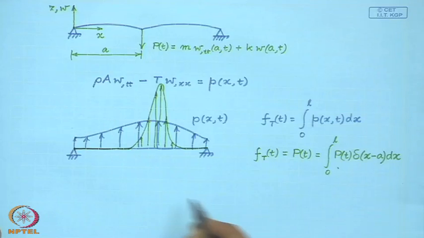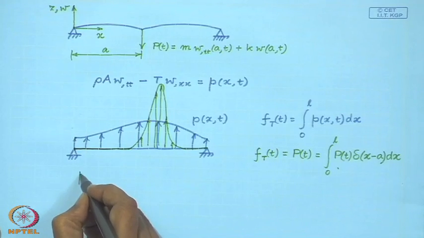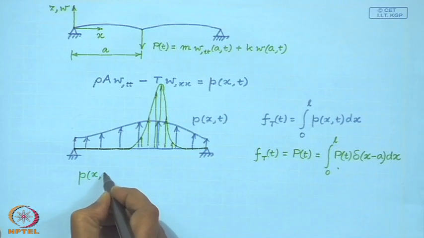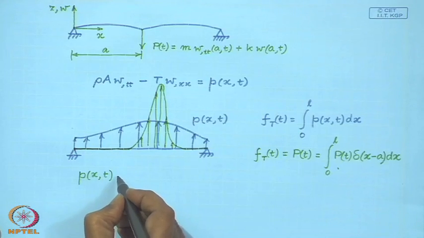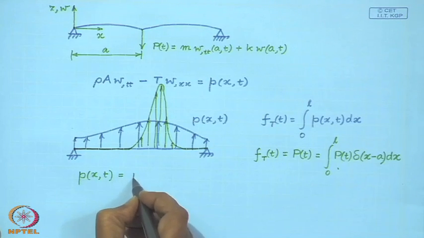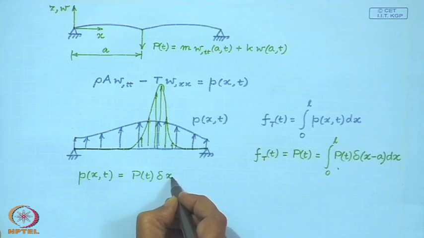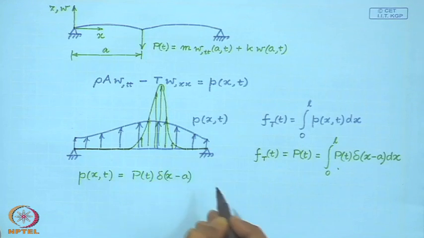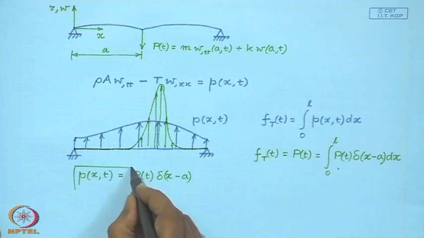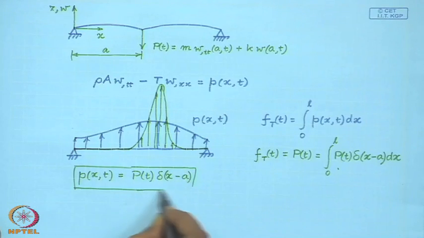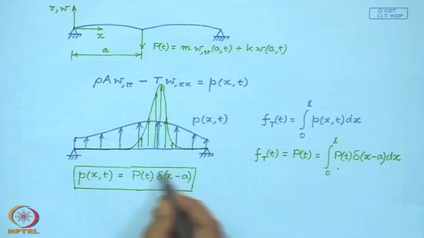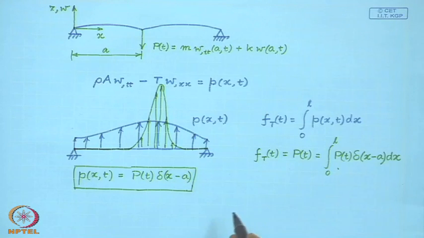So, this is our distribution, where I have introduced delta(x minus a), which is known as the Dirac delta distribution.